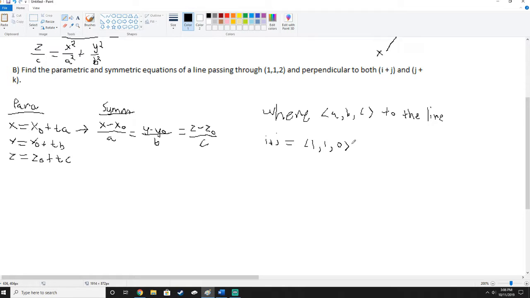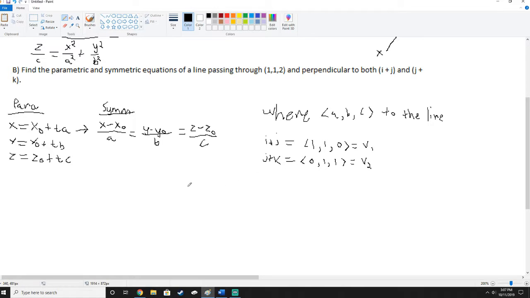We'll call this vector 1. For j + k, we write our vector coordinates as 0 since there's no i, and 1 for j and 1 for k. These vector coordinates will be called vector 2.